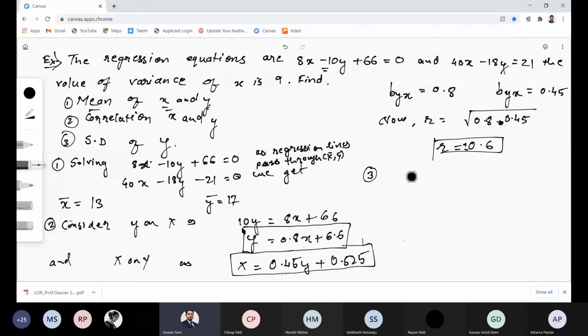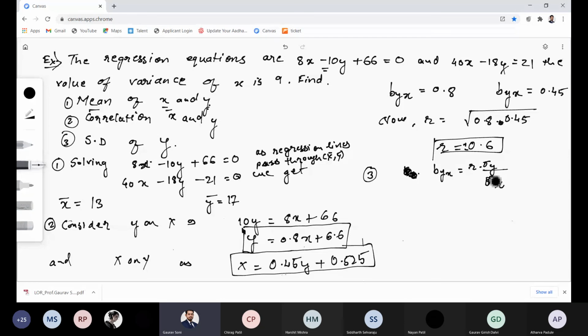So the third one, standard deviation of y. What is our r? Let's take bxy or byx, any of them. So byx is equal to r into sigma y by sigma x.